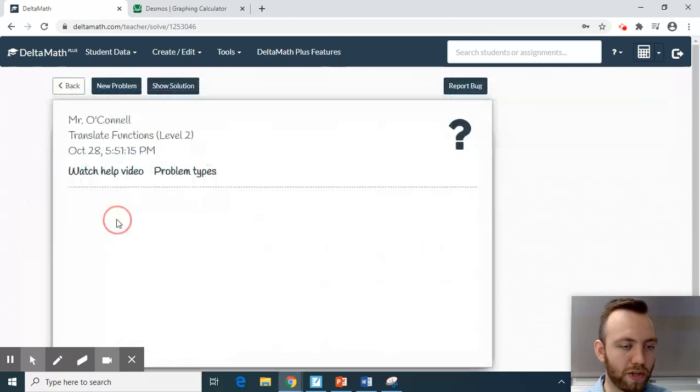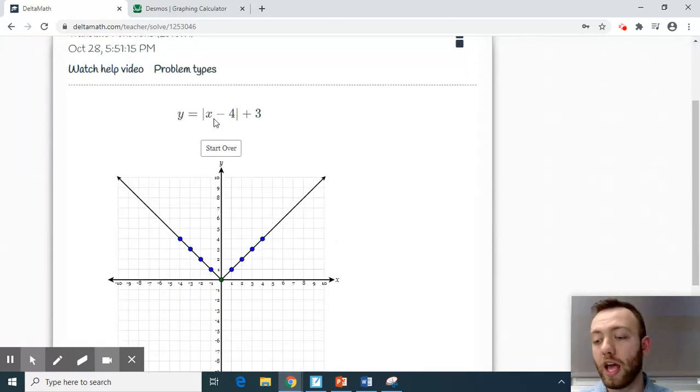Now, a couple other ones I want to show you. These have 2, we're doing 2 moves in 1. So here's our absolute value. This is our original absolute value of x graph. And now inside with the x, we've gone minus 4, and that means we're moving left and right, and it's opposite day.